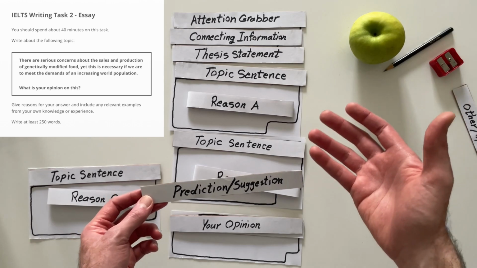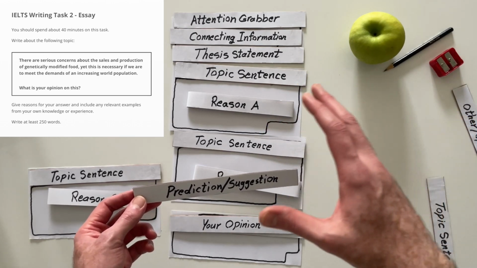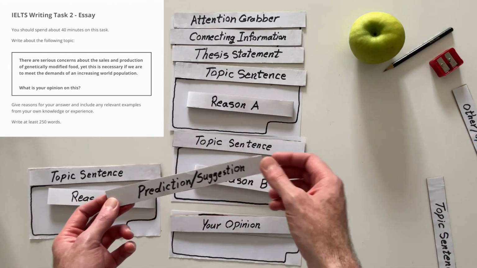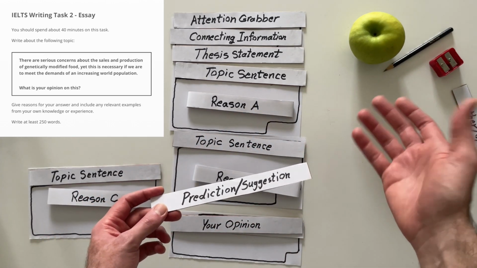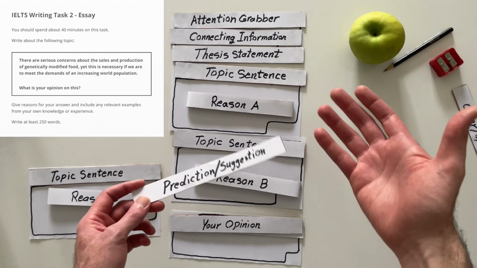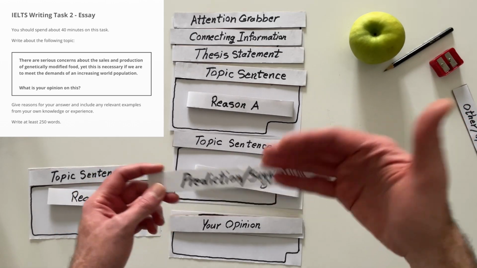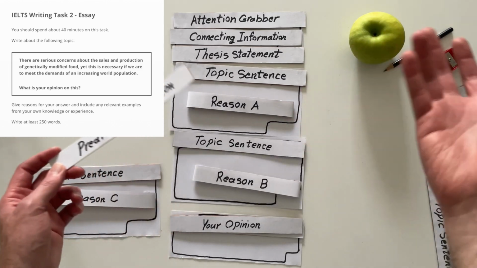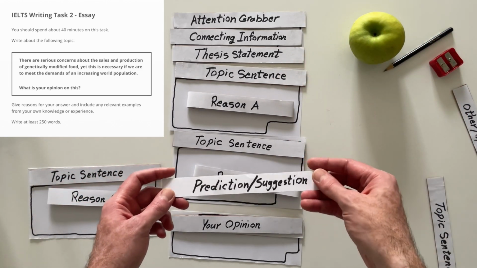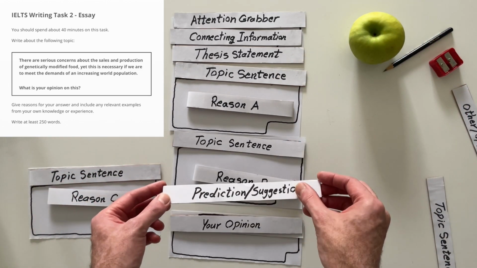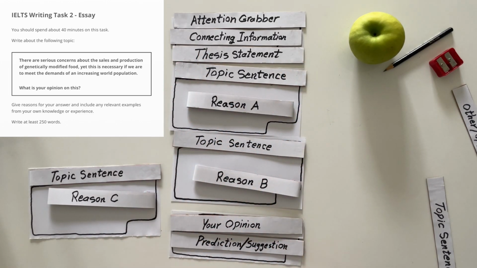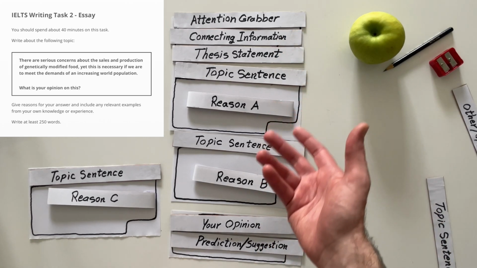Or they can work with their governments to set some laws to protect the new generation from the harms of this, or set some laws so that the new generation consume GMOs and they become healthier. Whatever it is, you just come up with some suggestions based on the information you already provided here. And that is a very standard layout.